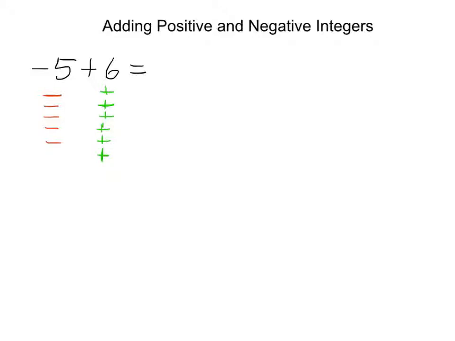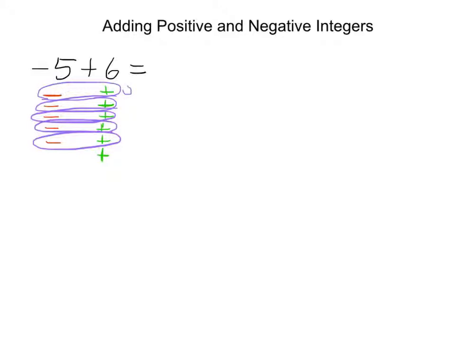So if we're looking at our problem here, one of the things that we can say is that anytime that we have one positive and one negative, that's a zero pair. So in this problem, altogether, we have 5 different zero pairs. Each one of those has a value of 0. So this would be like saying 0 plus 0 plus 0 plus 0 plus 0, which of course is 0.